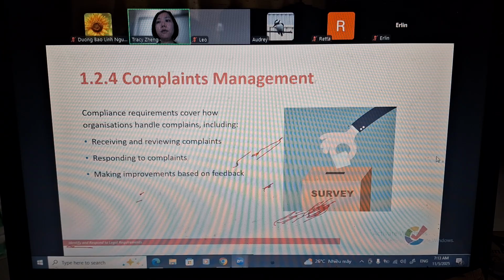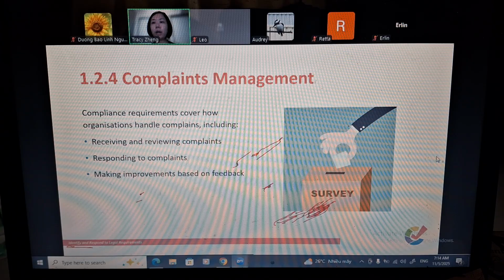If you have concerns, you can not only talk to your manager verbally, you can also fill out the feedback form and hand it over to your manager, so they can follow the organization's complaint management process to investigate, collect evidence, and provide everybody, whether the residents or you, with relevant strategies to address the concerns raised by you, by the residents, or by their family members. And they need to get back to the clients or the staff in a timely manner.